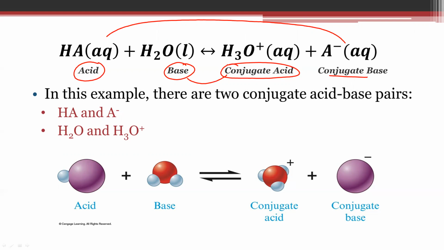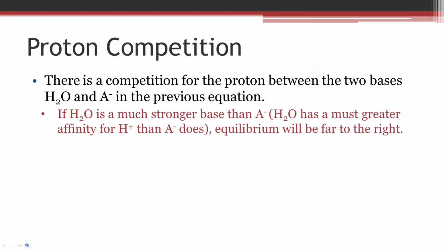When acids react with water, there is a competition for that proton. Remember, the proton is the H plus ion. This competition helps us figure out whether it will be a strong acid or a weak acid.